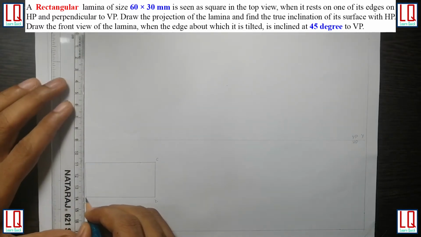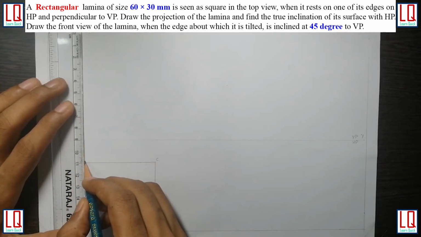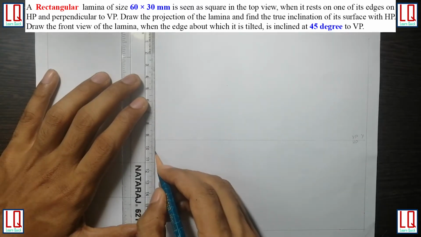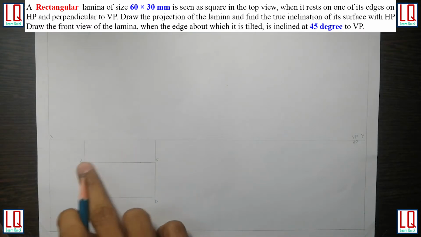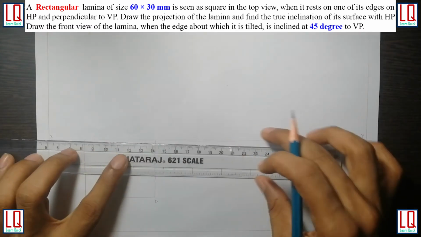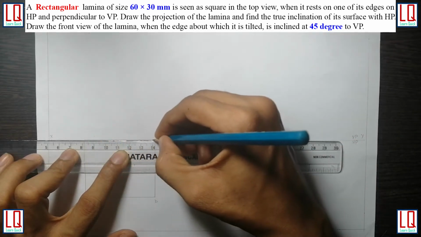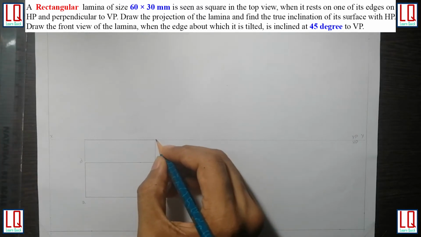Now project all the corners from step 1 to step 2, that is the front view of the rectangular plane. In my front view, this rectangle is visible as a straight line. Now mark all the corners in your front view.